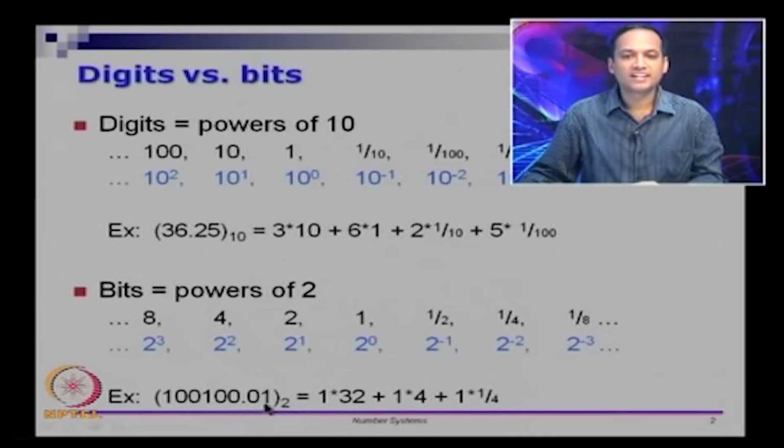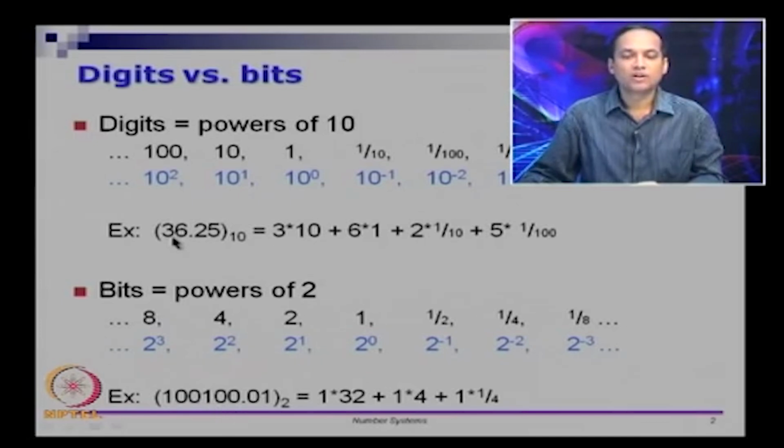On the right side, this is 0 into 2 power minus 1 plus 1 into 2 power minus 2. 2 power minus 2 is 1/4, so that is 1 into 1/4. So the value here is 1 into 32 plus 1 into 4 plus 1 into 1 by 4. In fact, this is the binary representation of 36.25, right. So you have 36.25 here, and this is the actual equivalent binary representation.